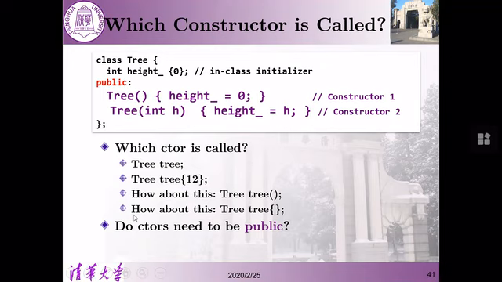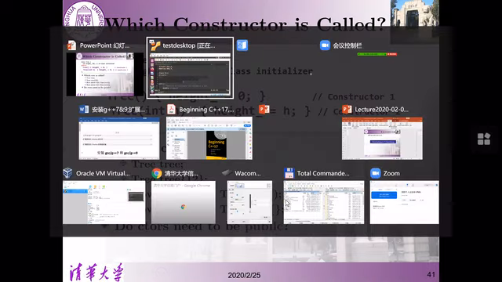Let's check later. For the third one, we know that this is the C++17 grammar, and the default one is called. How about this one, with parentheses? Let's check.